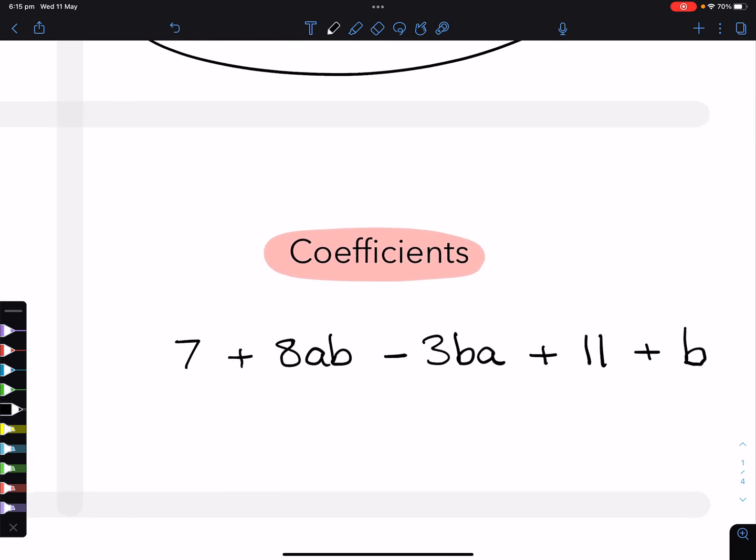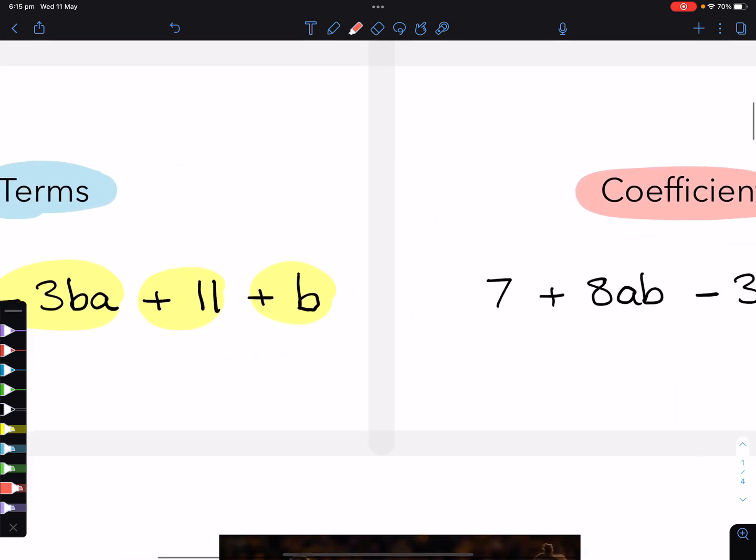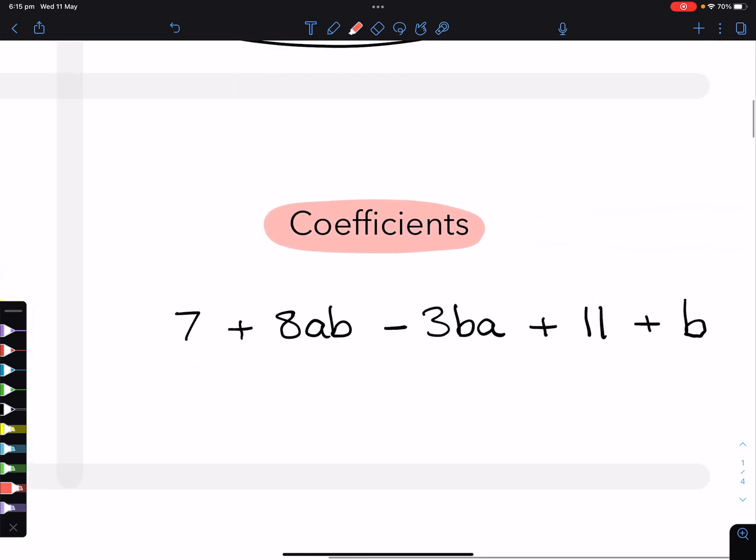That bit is super important, even more so when we get to coefficients. So what is a coefficient? It's the exact same expression as I had over here, but I just want to highlight to you, the coefficients are the numbers in front of the letters. So here we've got some letters. So the coefficient is the number that's with it. So it's the 8, but it also includes the plus or minus sign in front of it.